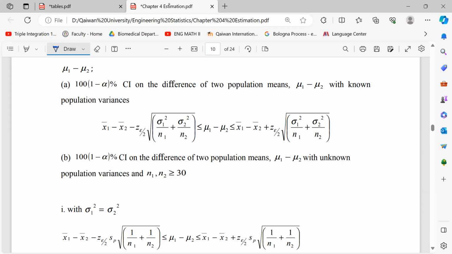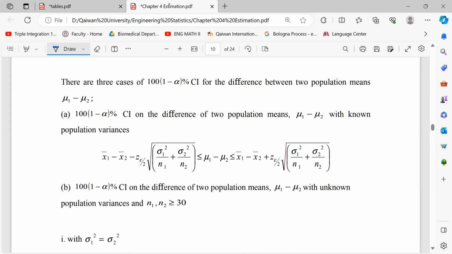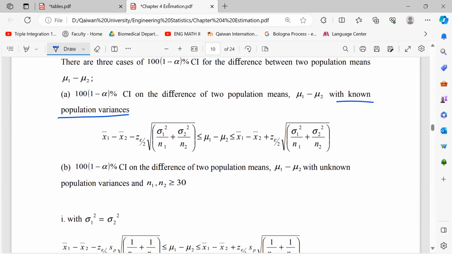Look at this. Here, we have three cases also. The first case is if we know the population variance, meaning mu1 minus mu2. In the previous one, we said only mu because we have only one population.